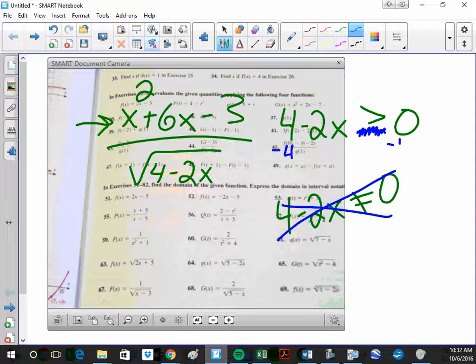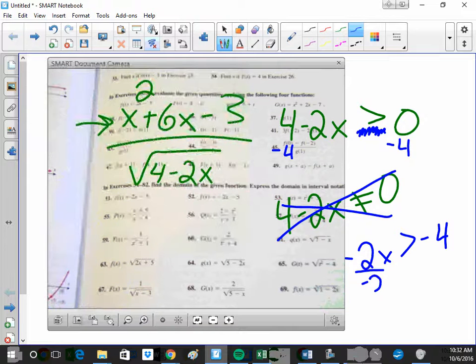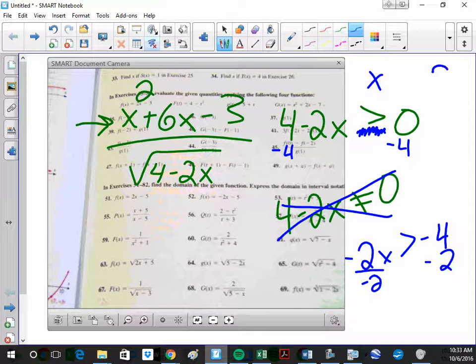Subtract 4. Negative 2x is greater than negative 4. Right, we divide by negative 2, so I get x and 2, but when I divide by a negative or multiply by negative, I have to flip the inequality. Why is that?